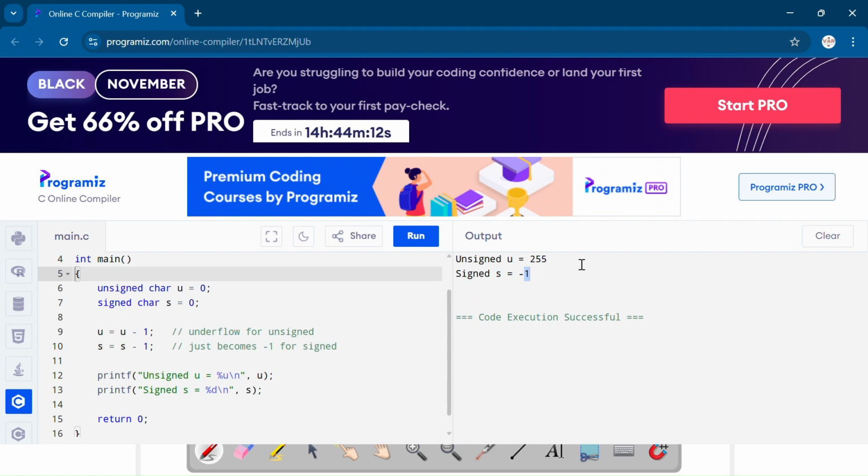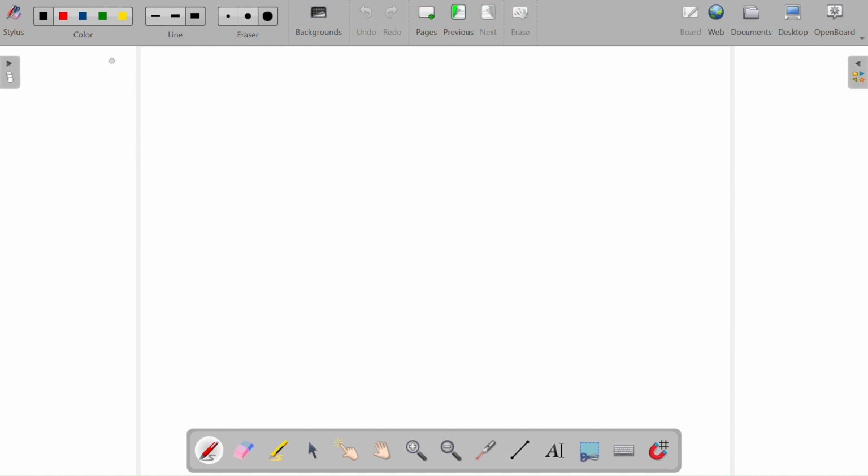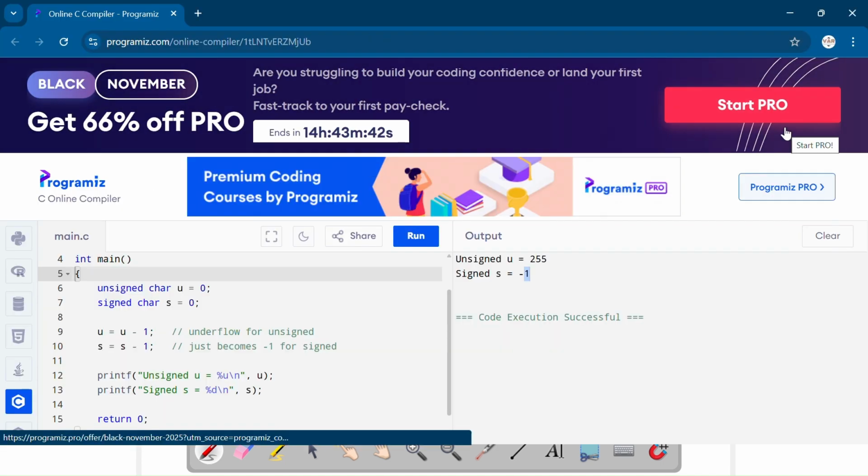If a negative value occurs, it is always converted to positive.